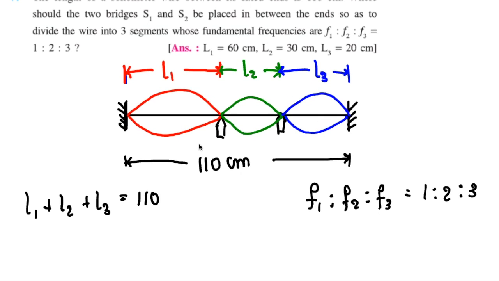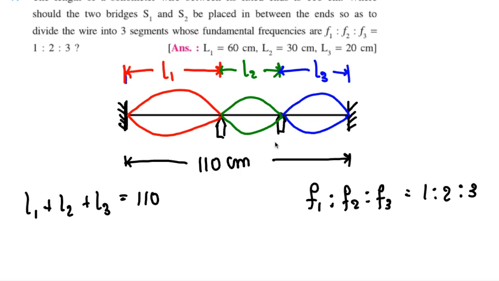Now one more thing that should be crystal clear in your mind is that the velocity of all these waves on the stretched string will be the same, because for all these three waves we have the same medium, that is a string with some tension T, right?